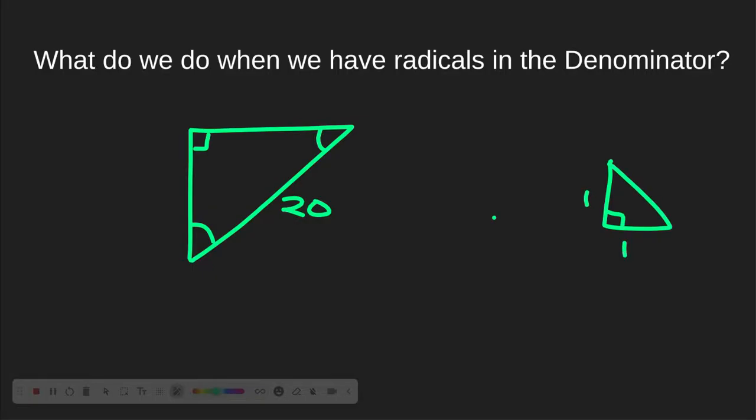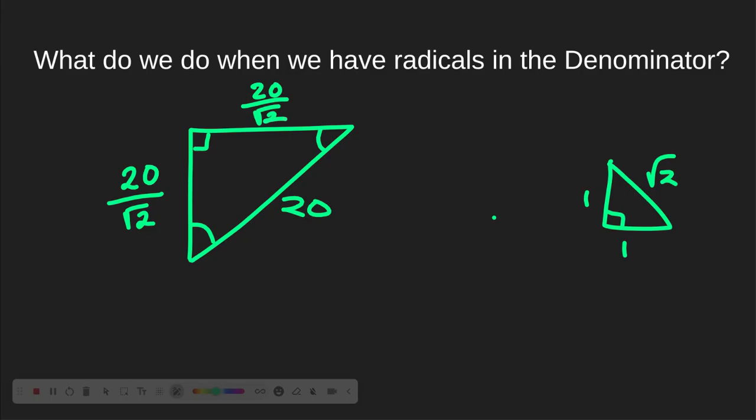This one is 1, 1, radical 2. So how do I get from the leg, what do I multiply by to get the hypotenuse? I multiply by radical 2, right? So then what am I going to divide by to get from the hypotenuse to the leg? You're going to divide by radical 2. So this would be 20 over radical 2. And this would also be 20 over radical 2.